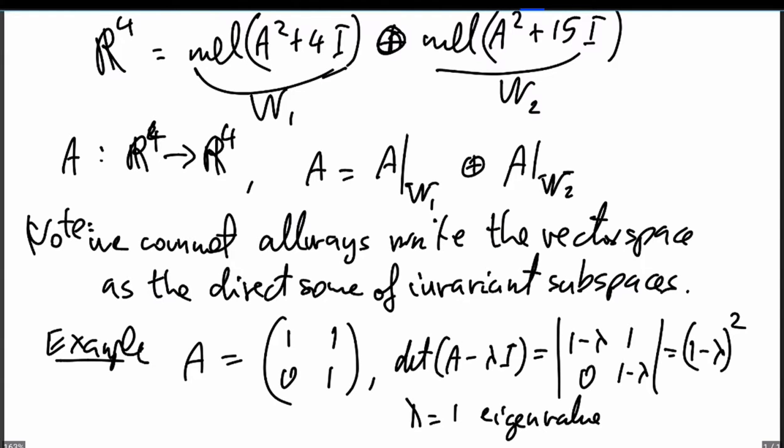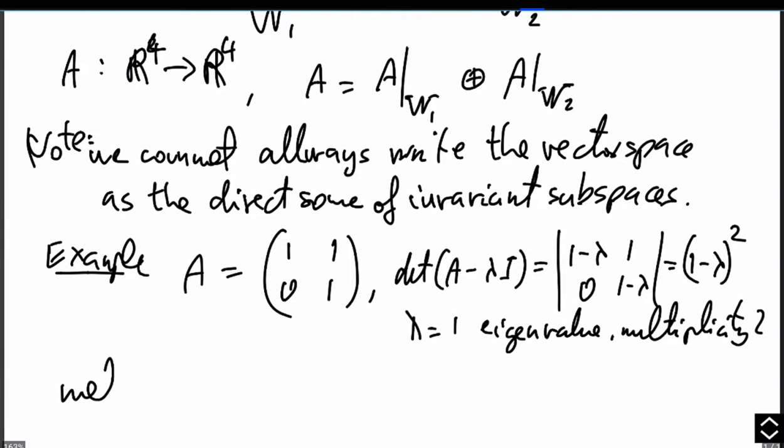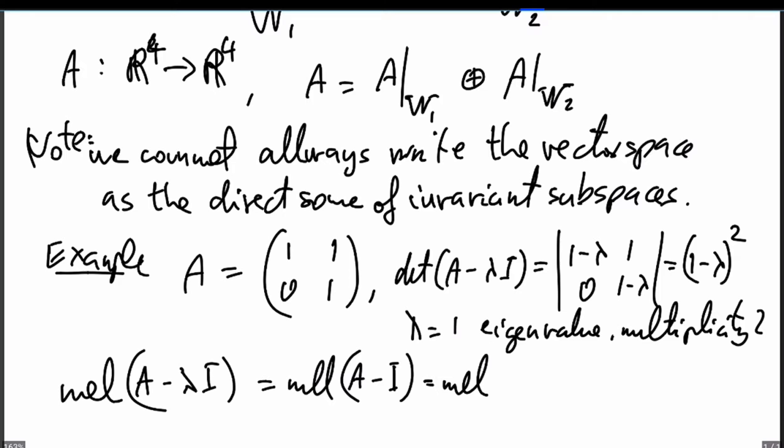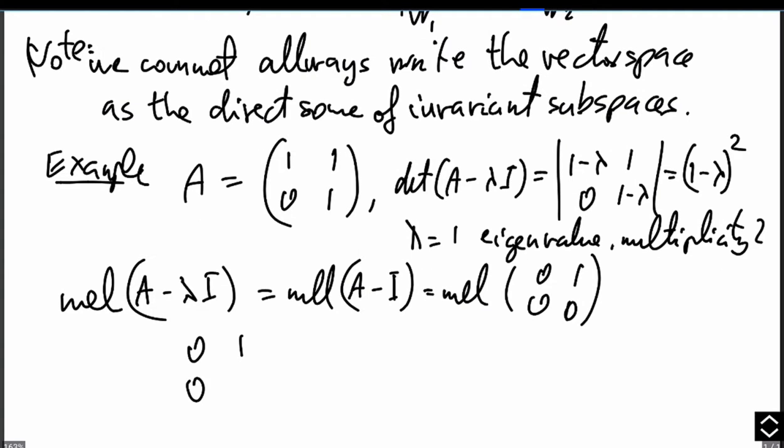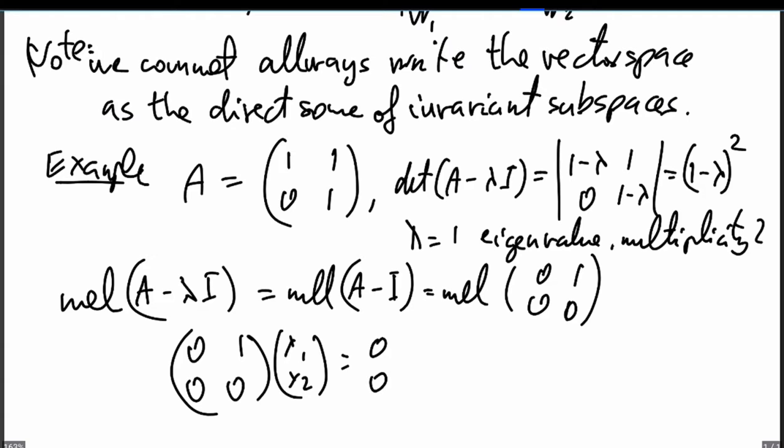an eigenvalue with multiplicity 2. And if you look at the null space of A minus lambda I, which in this case is just A minus I, that's the null space of 0, 1, 0, 0. So if you want to solve the equation 0, 1, 0, 0 times x1, x2 equals 0, 0, we immediately see that the first equation says that x2 is 0, and then x1 is arbitrary.